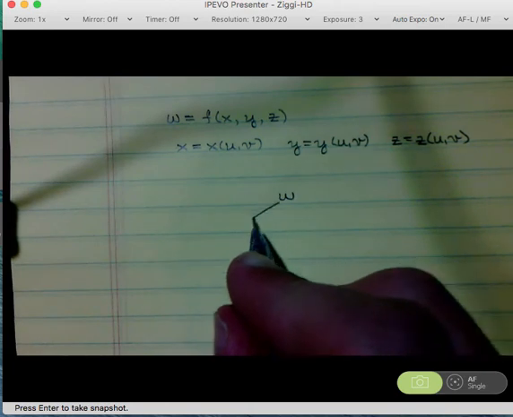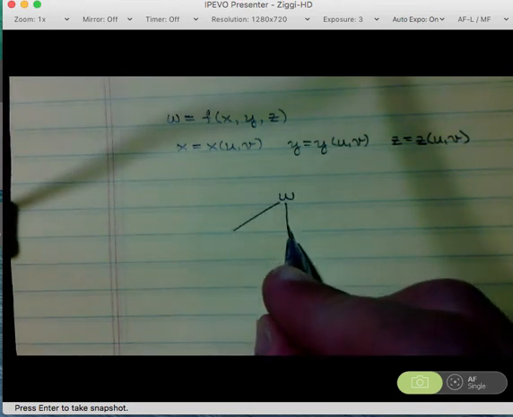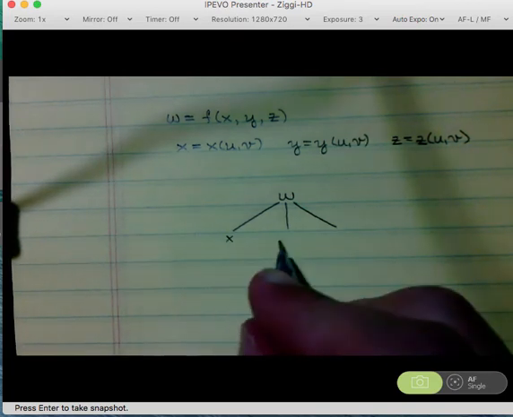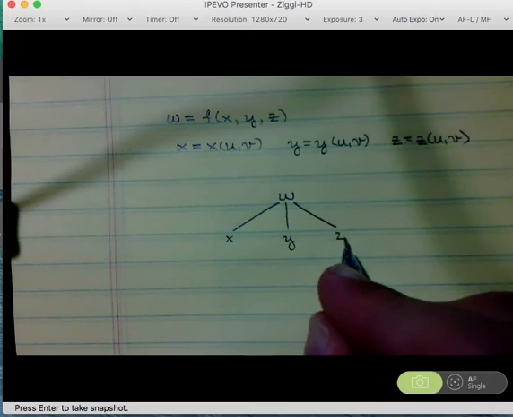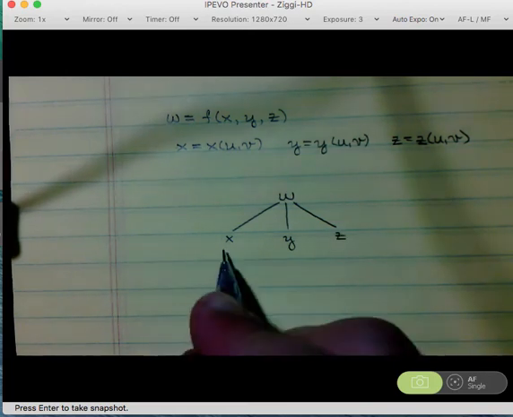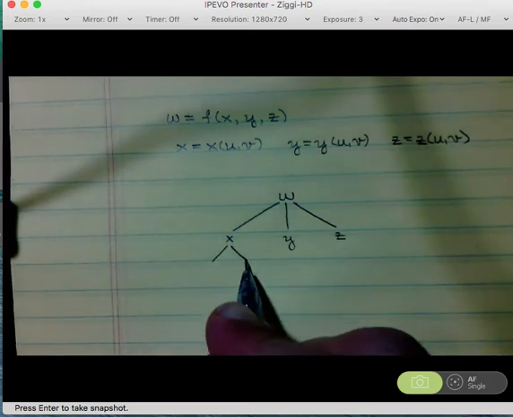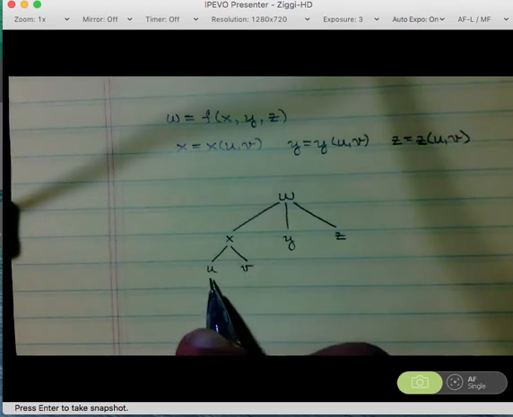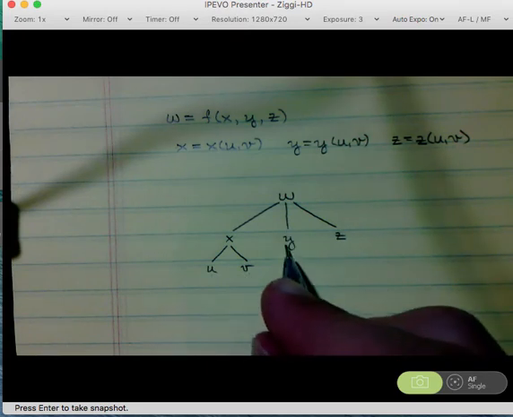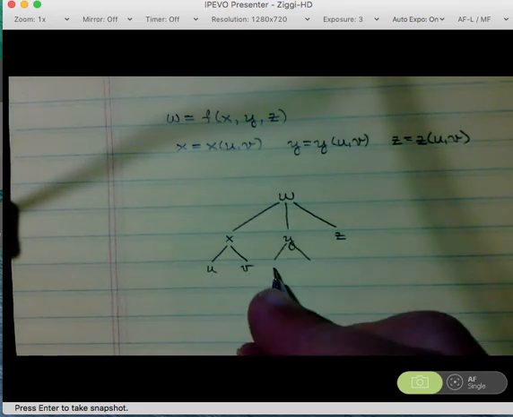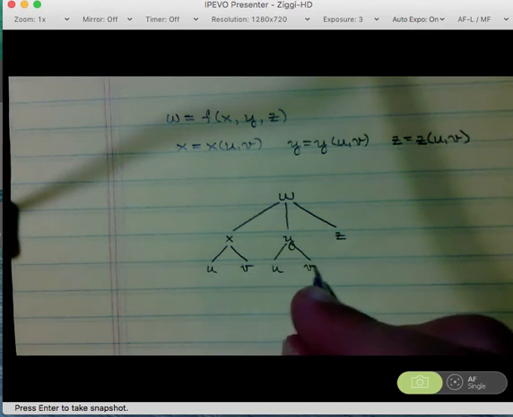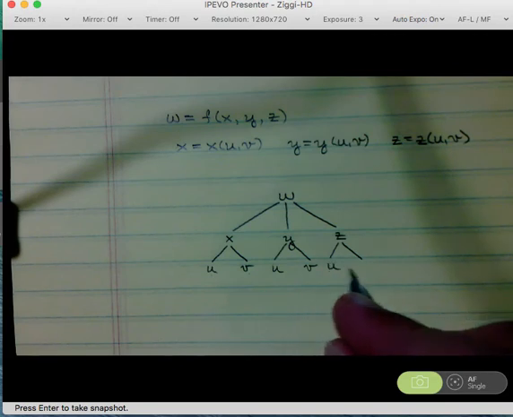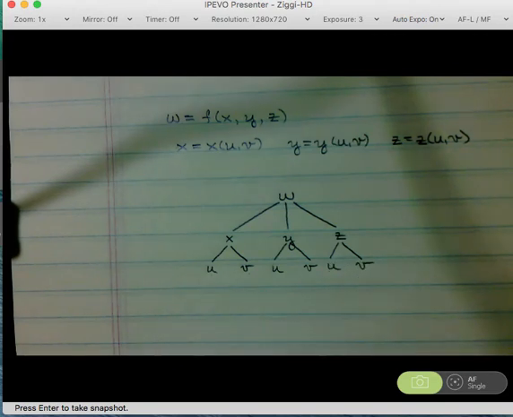From w we extend 3 branches because w has a dependency on 3 variables, namely x, y, and z. And then from x, we extend 2 branches to u and v, since x has a dependency on each of these. Likewise, from y, we extend 2 branches to u and v, since y also has a dependency on u and v, and then same goes for z.